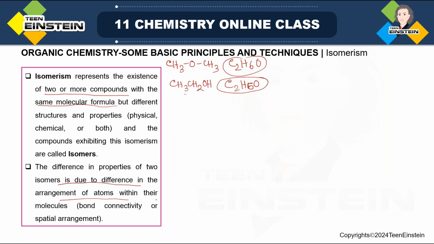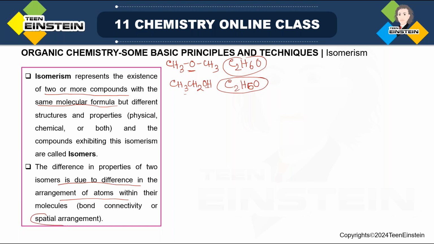So here bond connectivity is completely different. Why am I saying bond connectivity? See, here oxygen is between 2 carbons, but that is not the case for the alcohol. Here oxygen is between carbon and hydrogen. So properties will be different. The bonding connectivity is different, and the same types of bonds are not present.